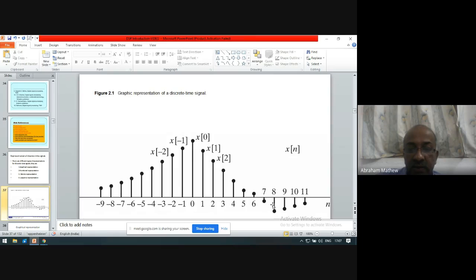The negative amplitude you can see it is represented downwards. Similarly, x of minus 1 is having a positive amplitude, and this type of representation is a graphical representation.